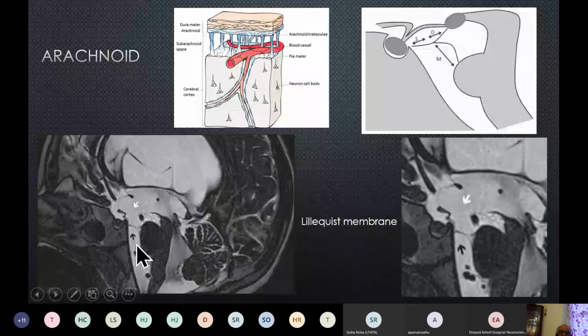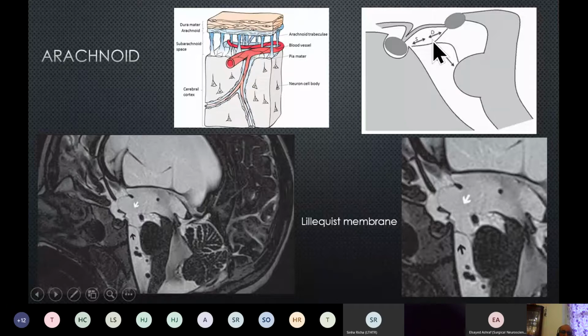And one such, which is classically described, is the Liliequist membrane. And here is a high resolution picture over here of sagittal T2 sequence. And you can see this membrane which anchors the brain stem, which anchors also the midbrain onto the dorsum aspect of the sella over here. And these membranes are relevant because also they're important for structural support of the brain substance, but they also guide pathology.